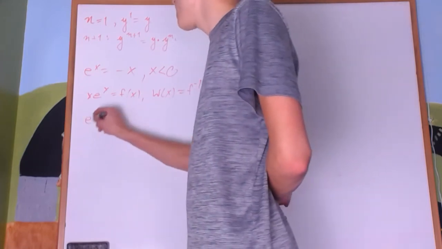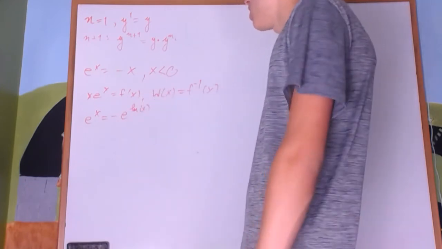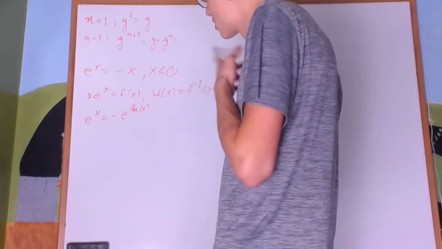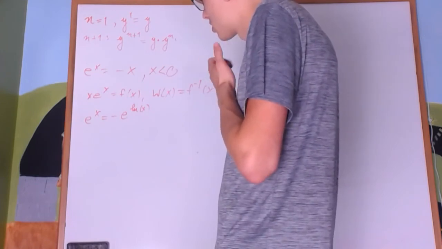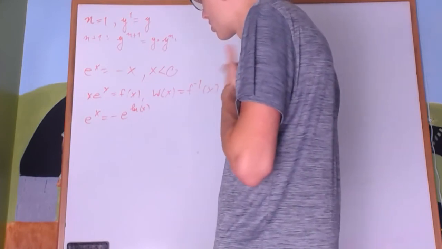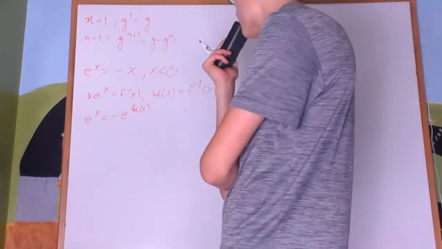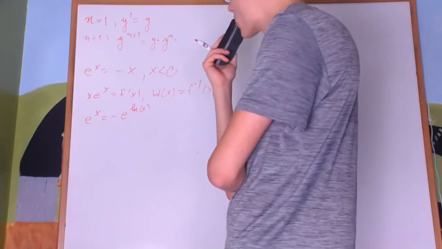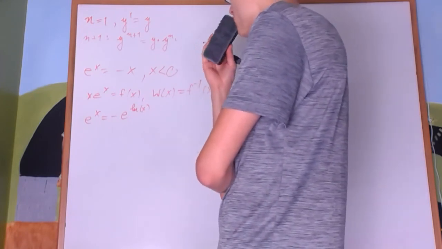that's e to the x equals negative e to the natural log of x. If I divide by it, I'm both sides. That wouldn't work. There's a gosh darn way to do it. I don't know what it is. Something dumb. Oh, wait.